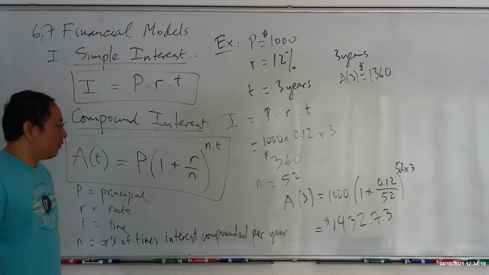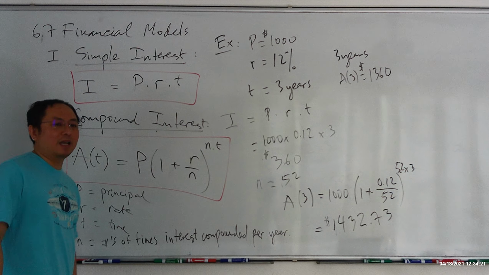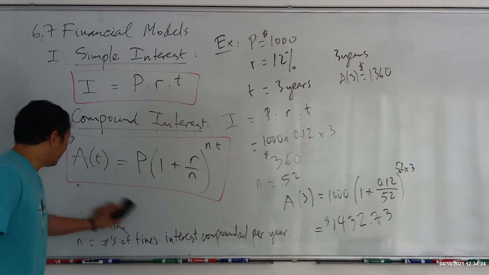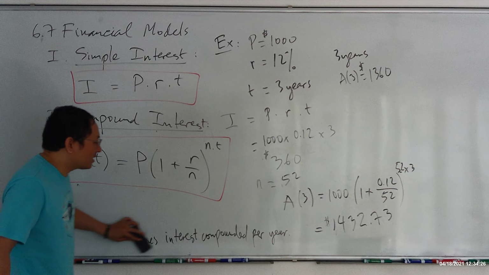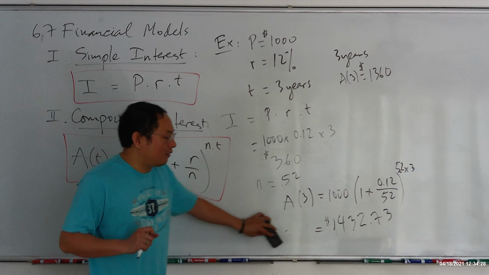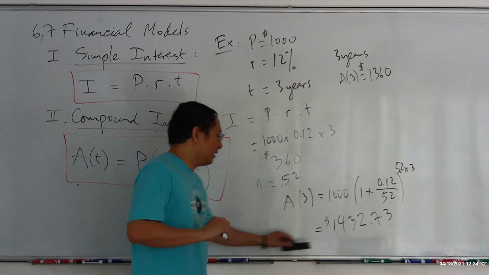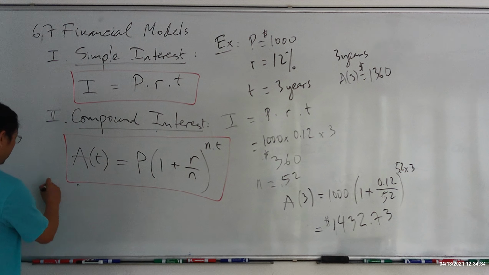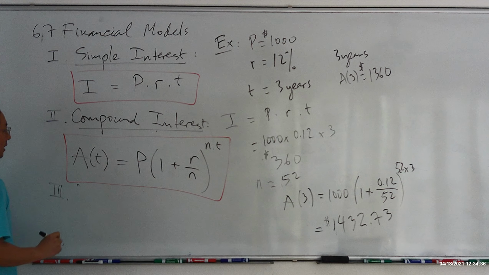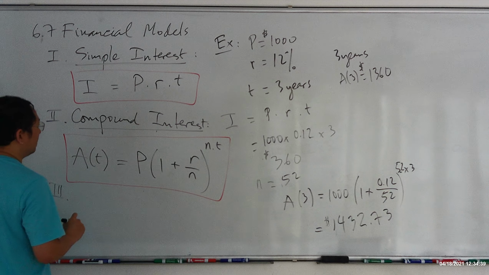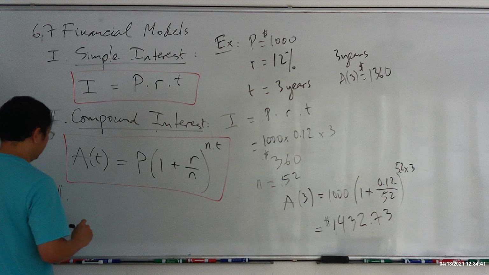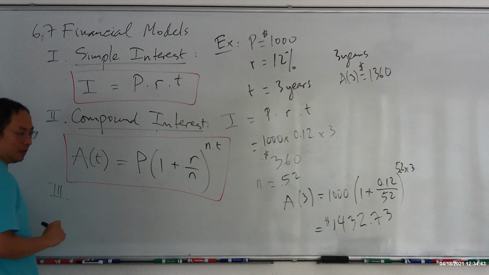And we don't stop right there. What if we want more money? And what is the best formula that we have? It's something called interest compounded continuously. Means what? You don't even want to wait for like 1 second to get the interest. You're going to get the interest right away, after a moment. So we have the third formula, interest compounded continuously.